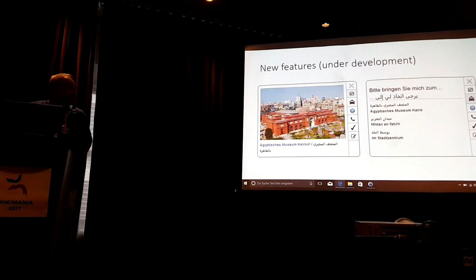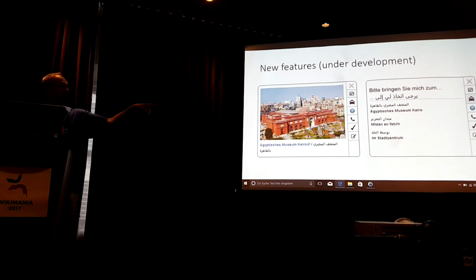So this is what we think about at the moment, and it's a little feature that is under development. On mobile devices we have little pop-up windows with some useful information for every item we have in our articles. As an example, you can see the Egypt Museum in Cairo.